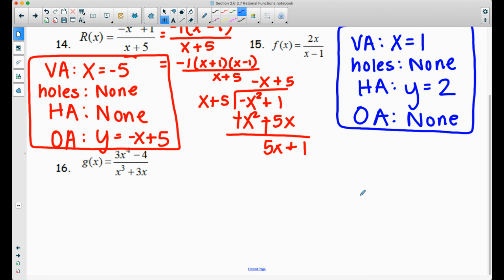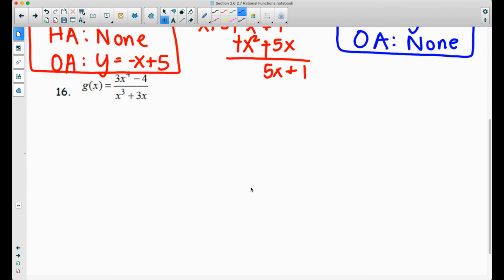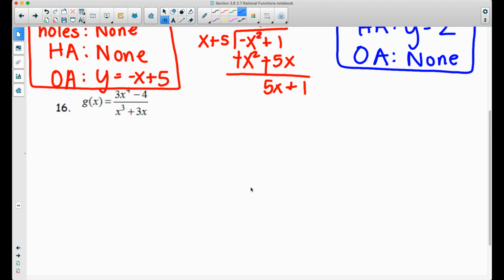And lastly, for 16, get this out of the way. I'll scroll back up in a second. I can factor the denominator to x times x squared plus 3.